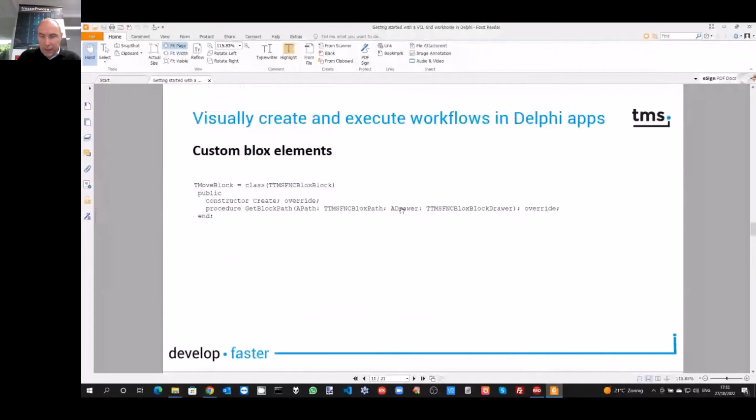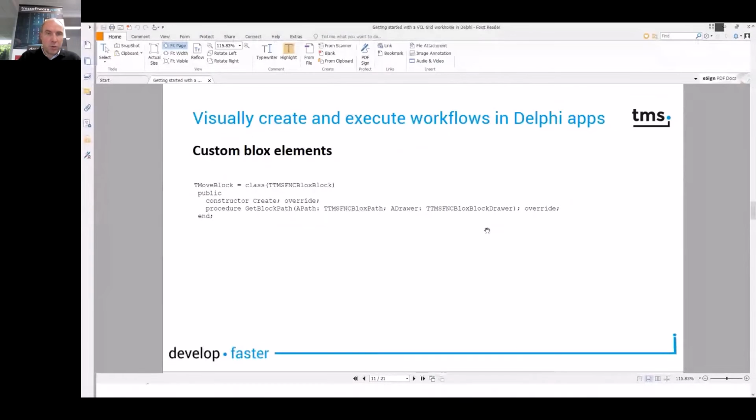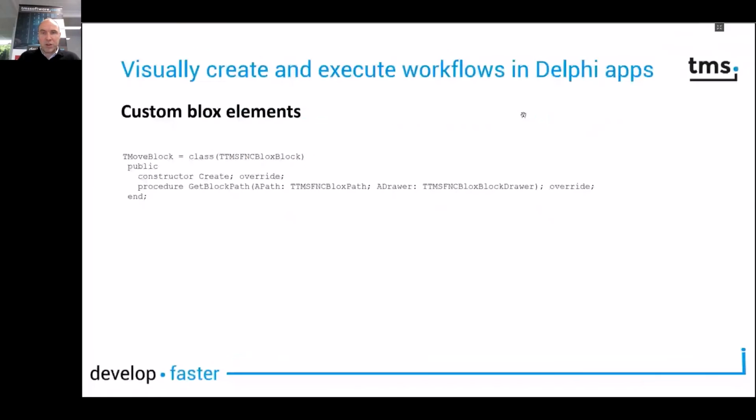Another important one is custom blocks. You have seen that in the blocks selector, there is by default already a wide range of blocks pre-installed, available out of the box. But of course, you are not limited to these blocks that come with it. You can create your own custom blocks.